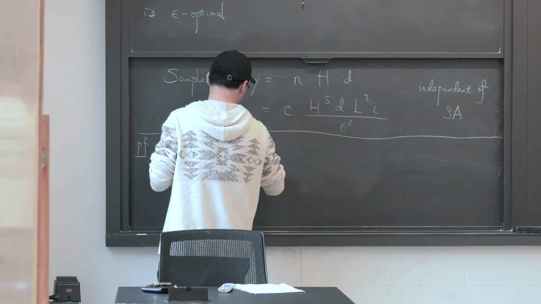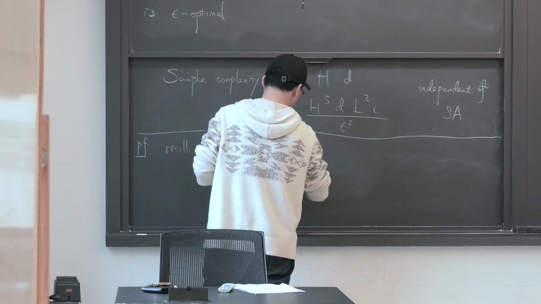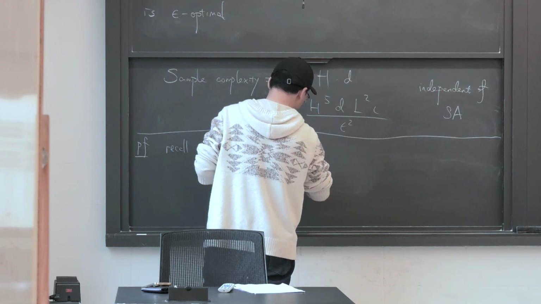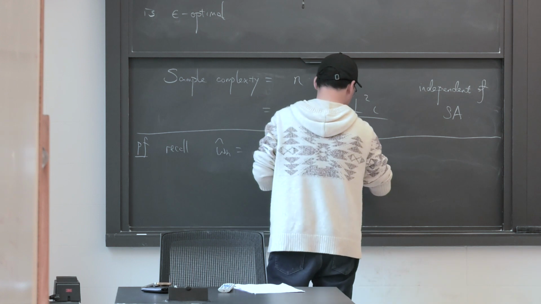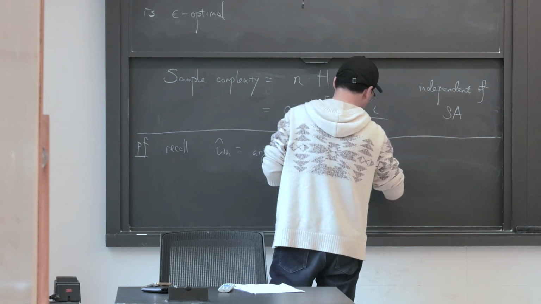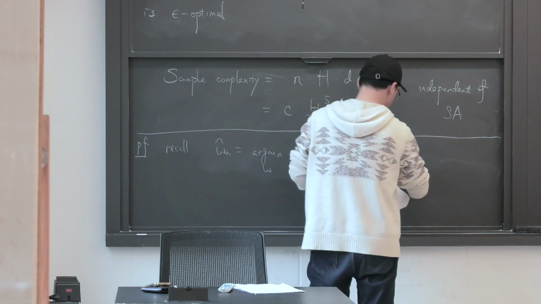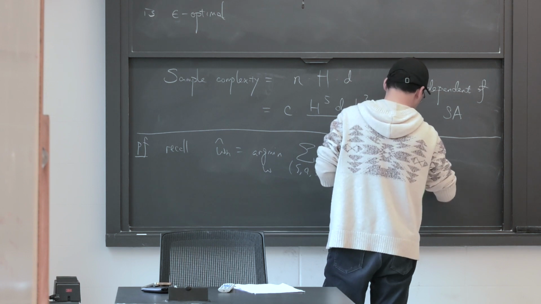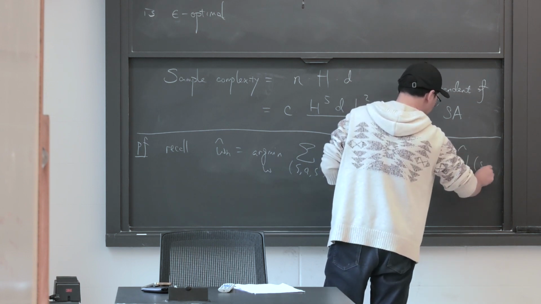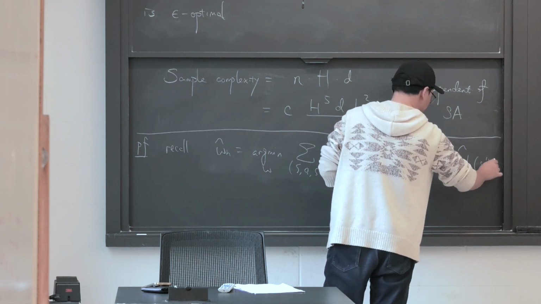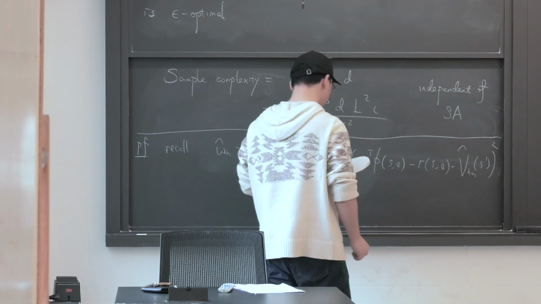w_h is the arg min over w of the summation over (s, a, s') in the data set of (w transpose phi(s,a) minus r(s,a) minus V_{h+1} hat(s'))^2.